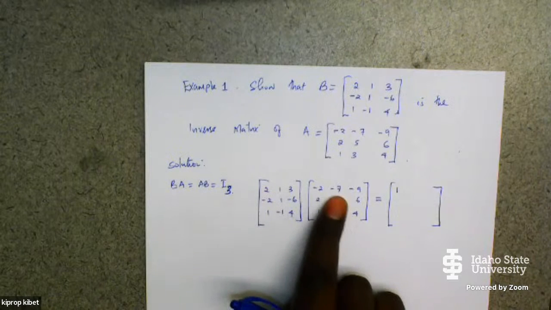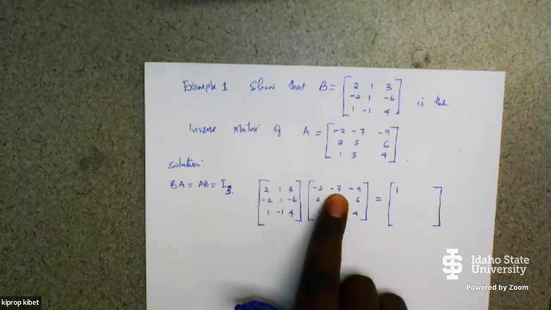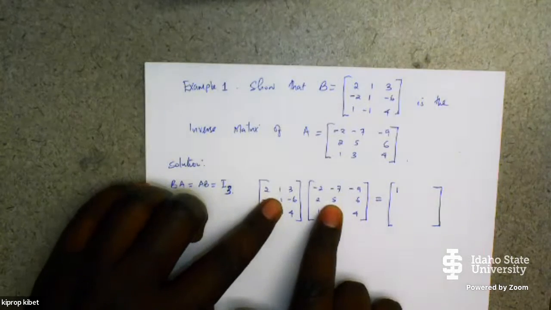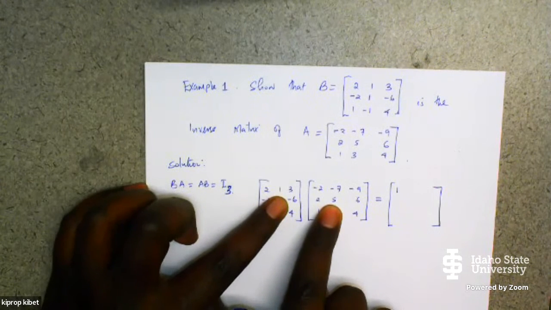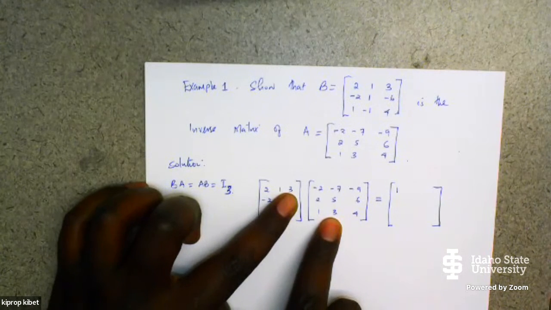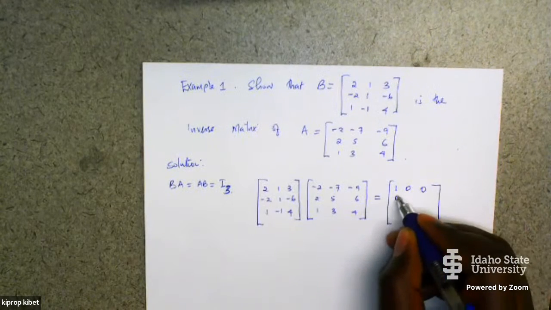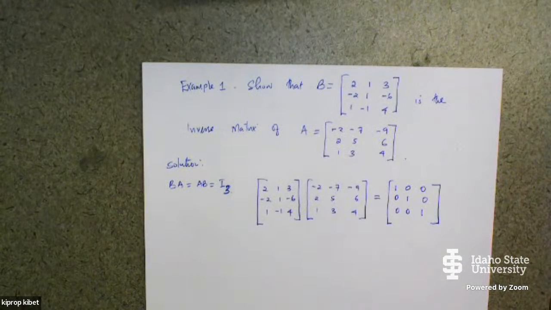Let's see whether the next one here is 0. So 2 multiplied by negative 7 is negative 14, plus 5 is negative 9. And then the last one is 9 plus 9 is 0. So basically this is 0, 0, and then 0, 1, 0, 0, 0, 1, to give you an identity matrix.